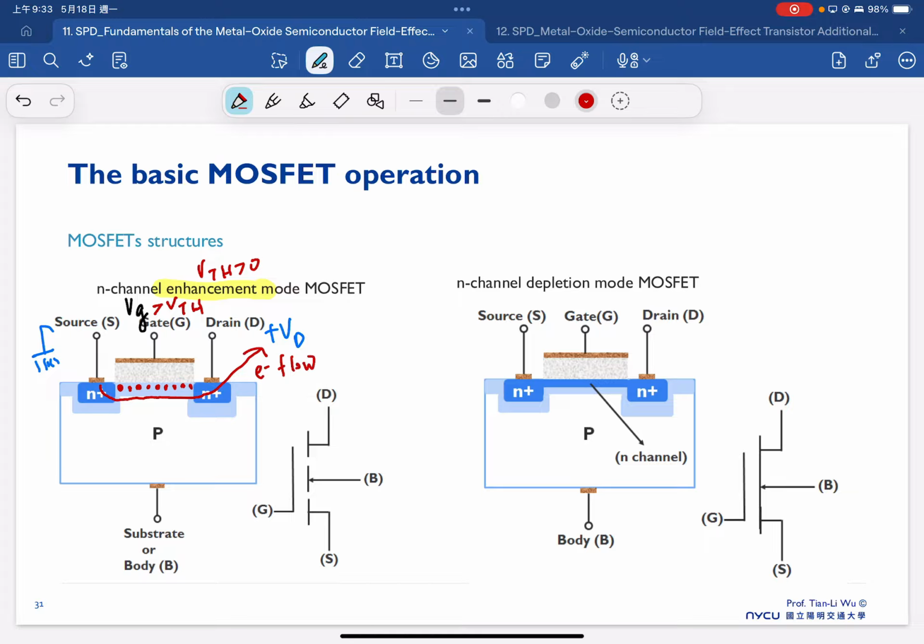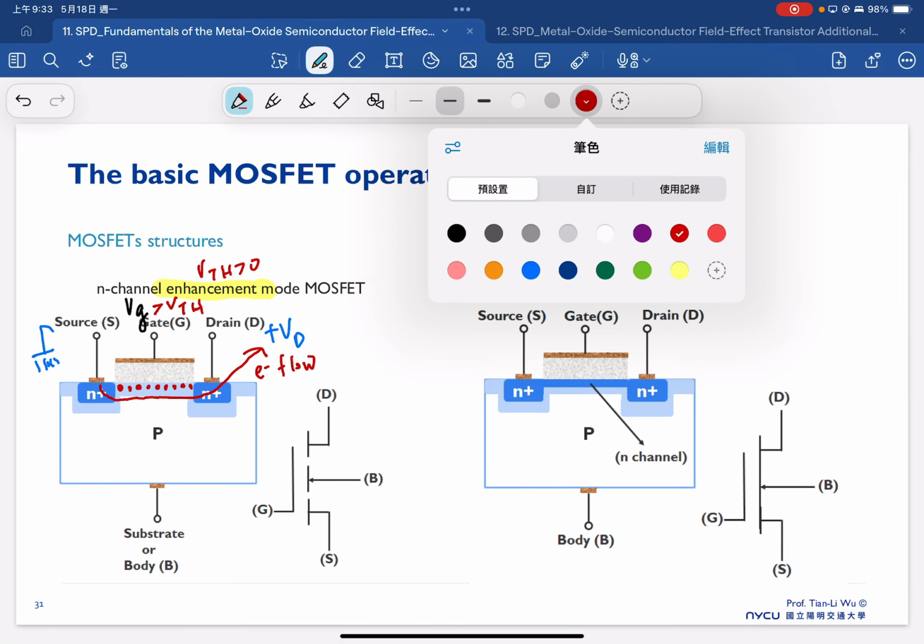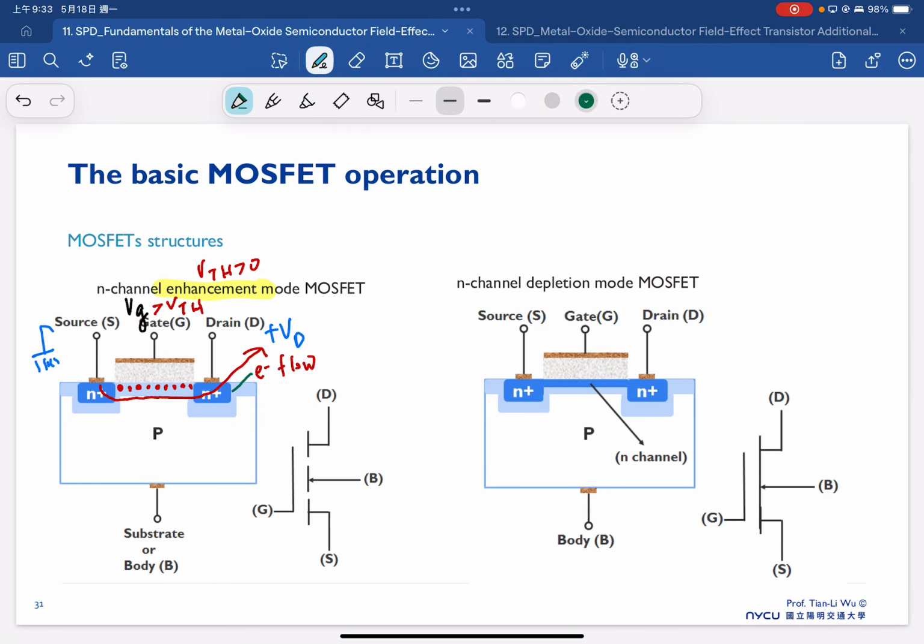In most cases we always consider the current flow, which is in the opposite direction of the electron flow. So the electron flow goes out of the drain, but the current flow will be into the drain. This will be the current flow here, so therefore we will have the drain current.